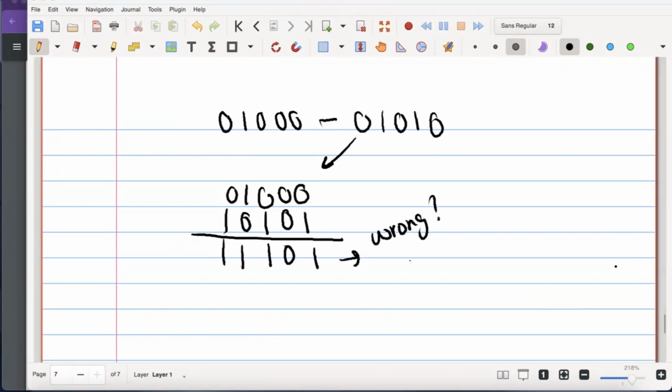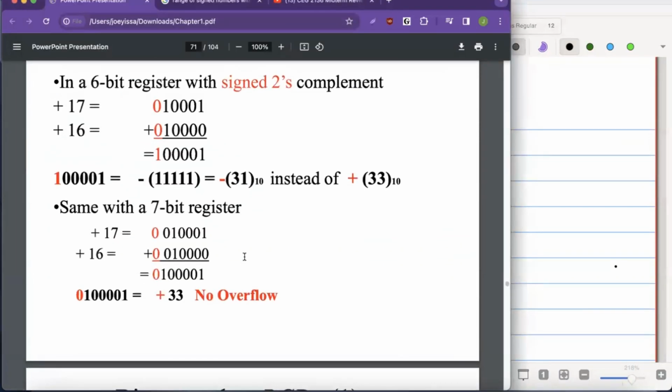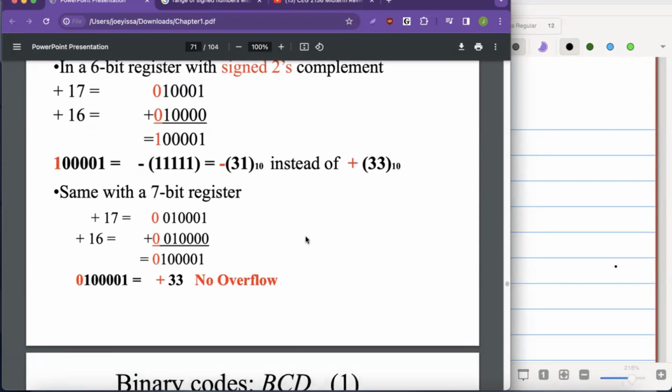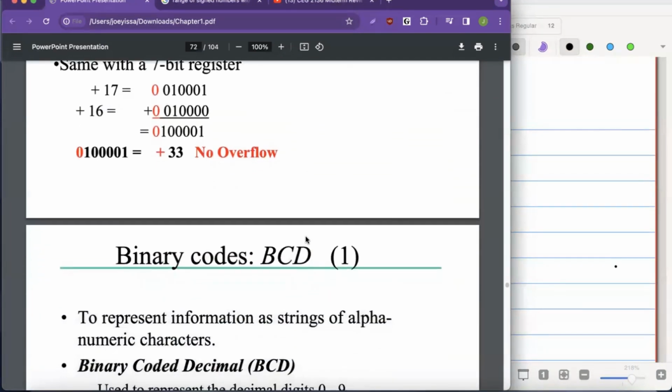You just have to take the two's complement. One's complement is important to know, but it's only important in terms of two's complement so far. I've never used one's complement.